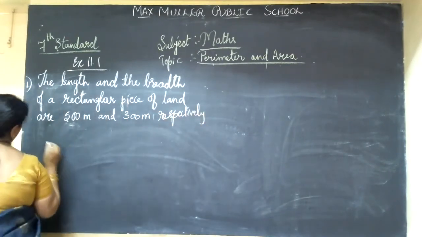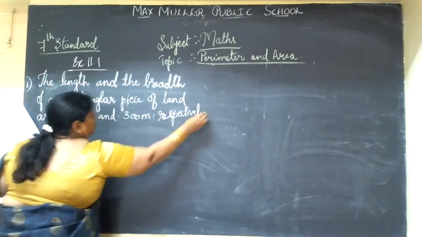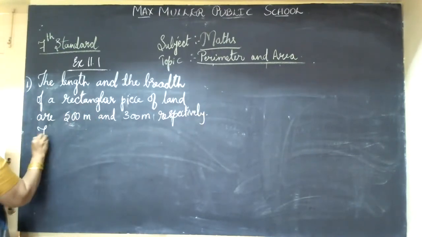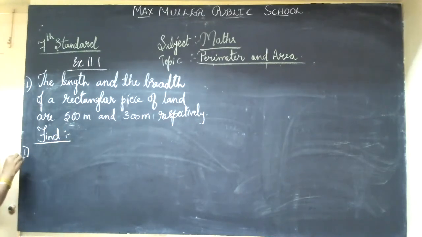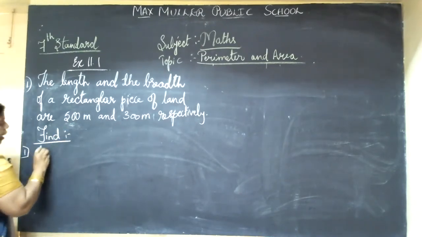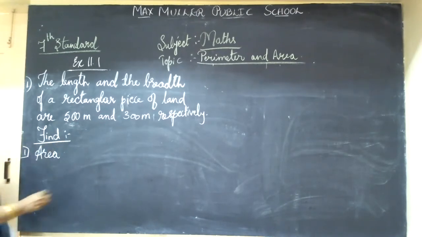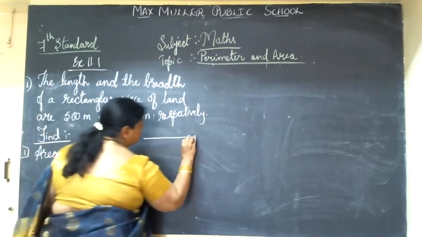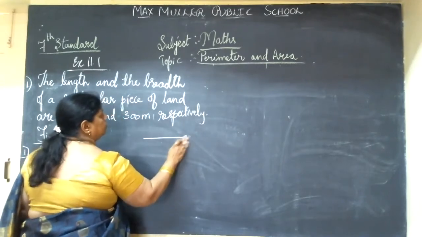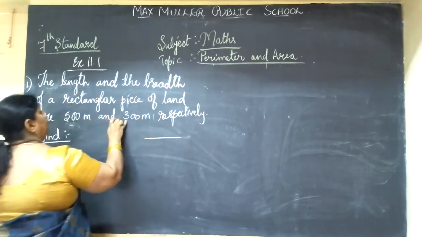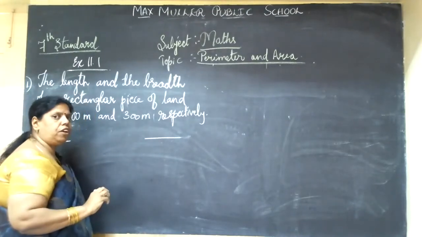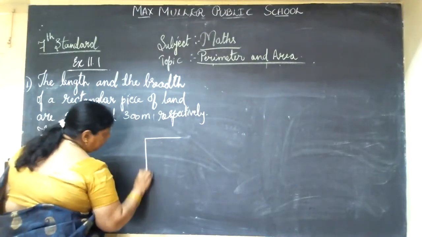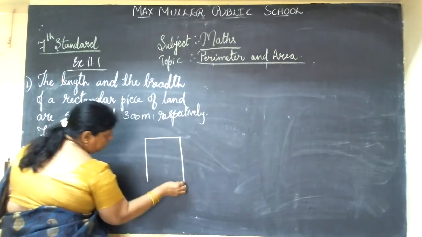Now find. Fine. What we have to find first? First we have to find the area. Now the area is 300 and 500 meters. It is uneven. When it is uneven, it is a rectangular shape.